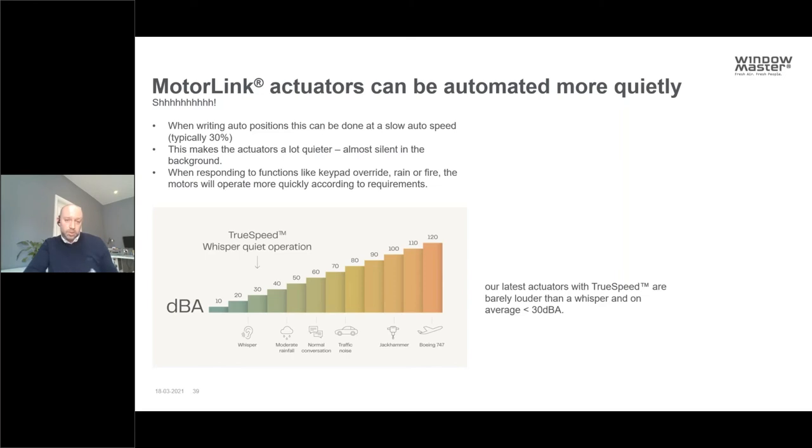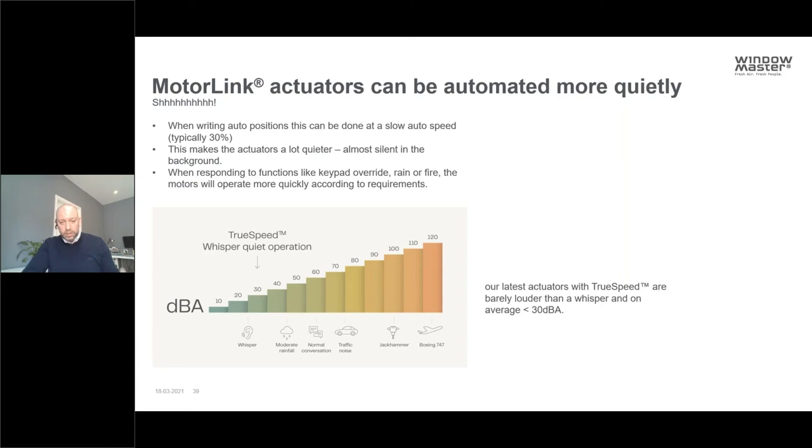However, other functions like keypad override, or if we're writing a max position because it's just started raining, can react much more quickly. It doesn't matter if there's a short period of noise when we're trying to prevent water from getting in, or, for example, for fire applications, when we're trying to ventilate smoke from a space; we'll operate the windows much more quickly.